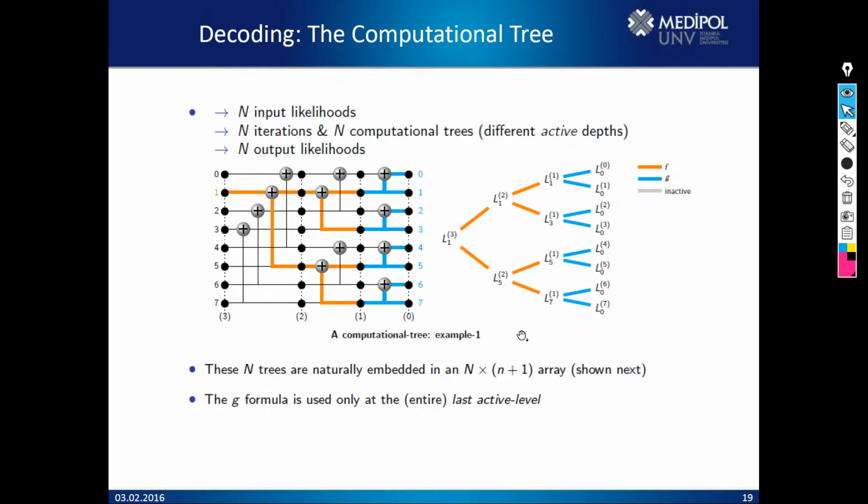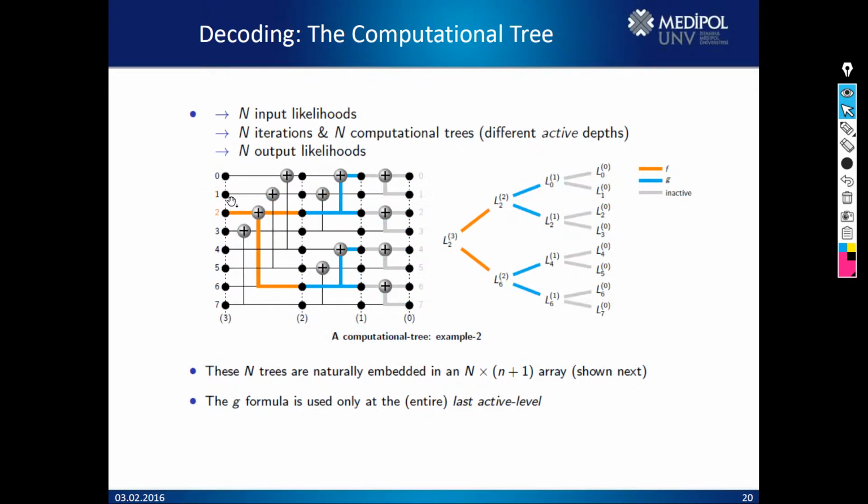So this is how the decoding process works. You receive n input likelihoods, n iterations, and n computational tree, with different active depths.